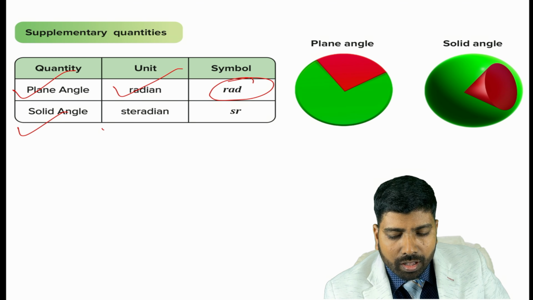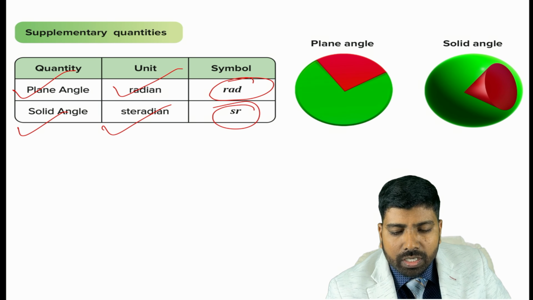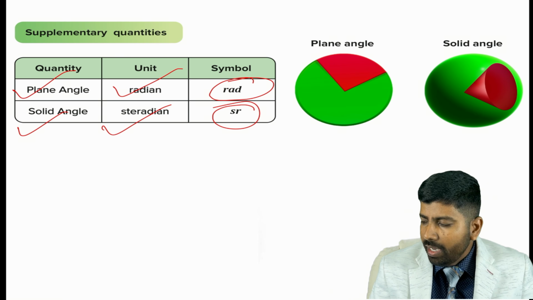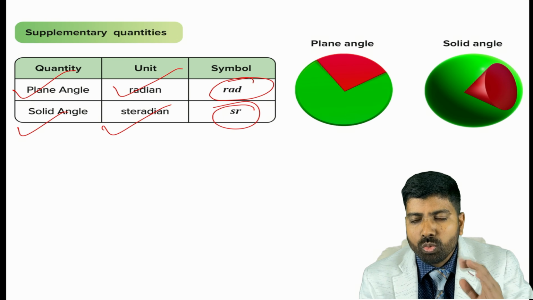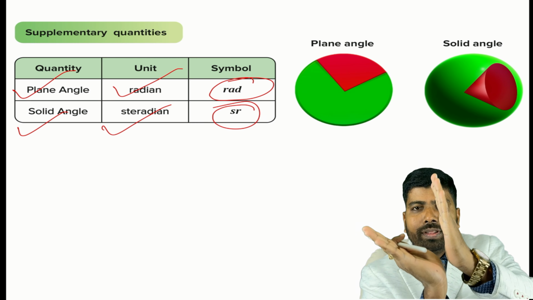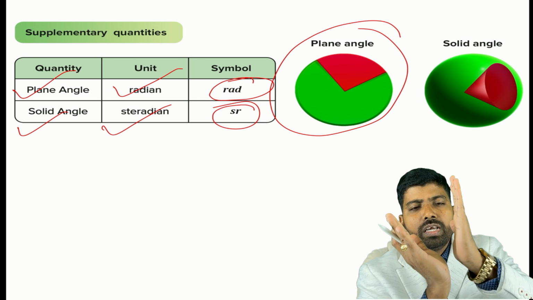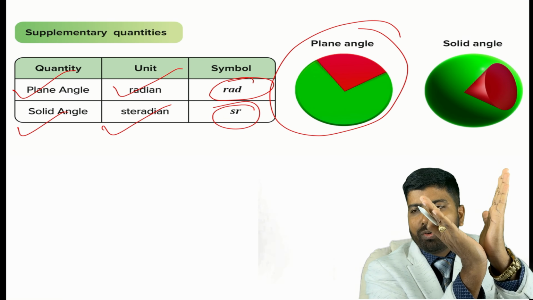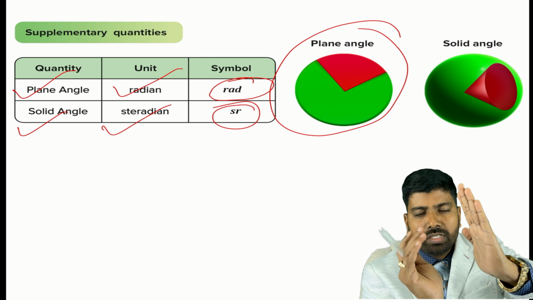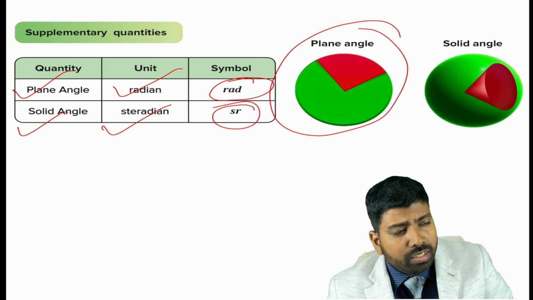For the solid angle we use steradian, and its symbol is SR. In the case of plane angle, when 2 lines or 2 planes join together, as I have shown you in the picture, the angle between them is the plane angle.